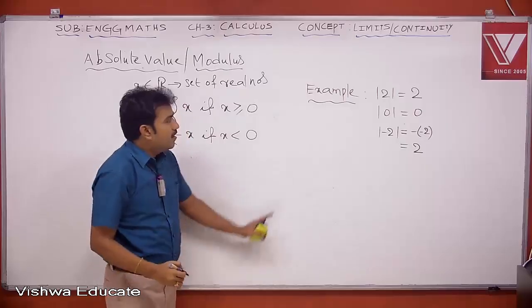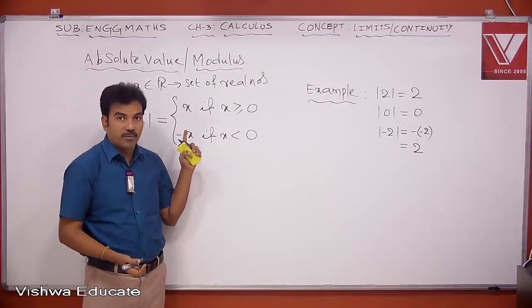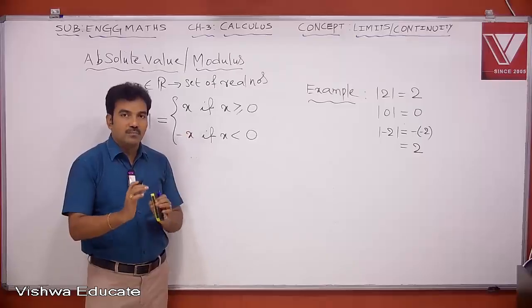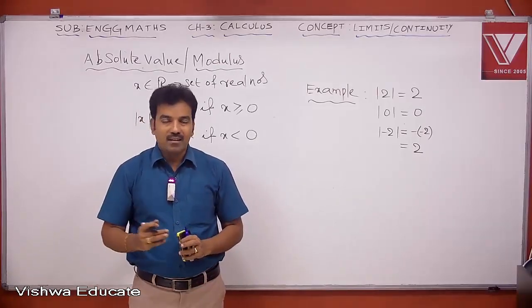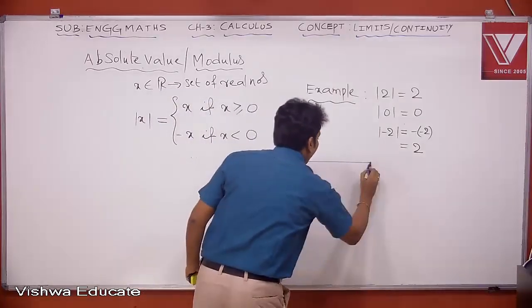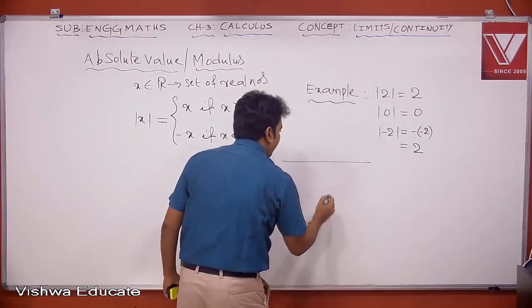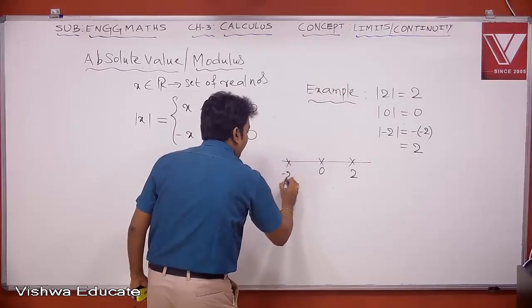Now my question is, what does modulus of a real number geometrically represent? Whenever we have some concept, it has some geometrical interpretation, like distance or something like that. When you consider the coordinate x-axis, suppose this is the origin, this is 2 and this one is minus 2.